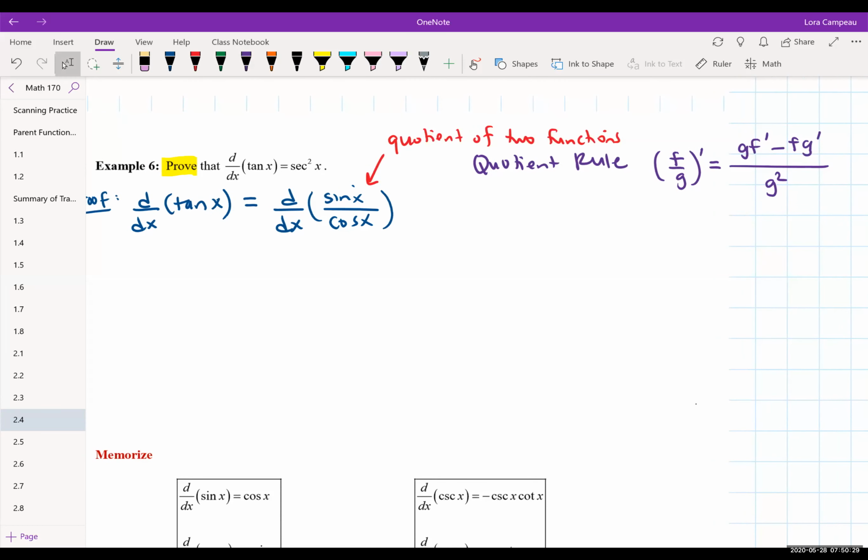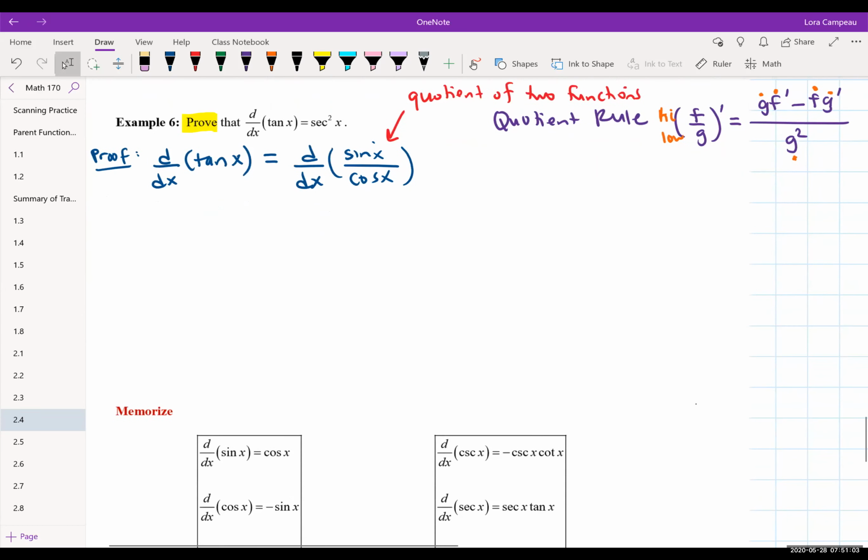Sometimes people call the f part the high, because it's the function on top. This is the low function on the bottom. So play along with me: low d high minus high d low over low low. There's better ways to do that. I think there are some songs too, but I'll leave that up to you guys. So the main thing is we have the formula correct.